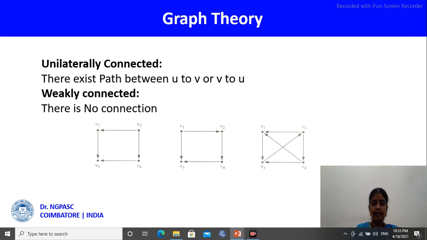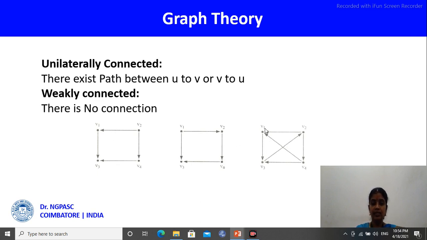For this example, in the first graph, V1 to V4 is not reachable, so it is weakly connected. In the second graph, V1 is reachable to V2, but V2 is not reachable to V1, so it is unilaterally connected.